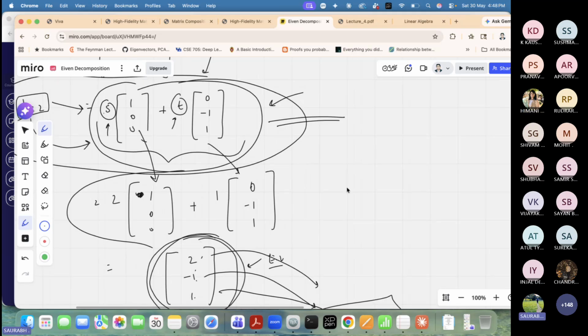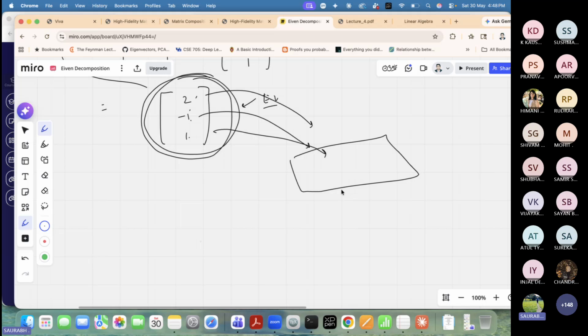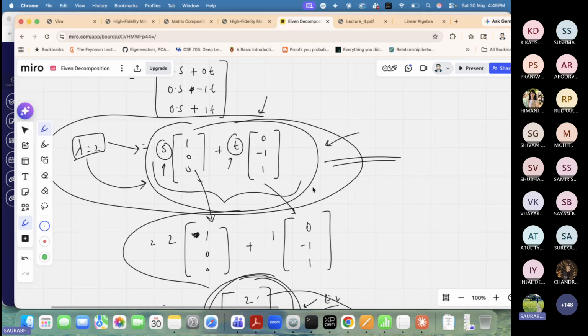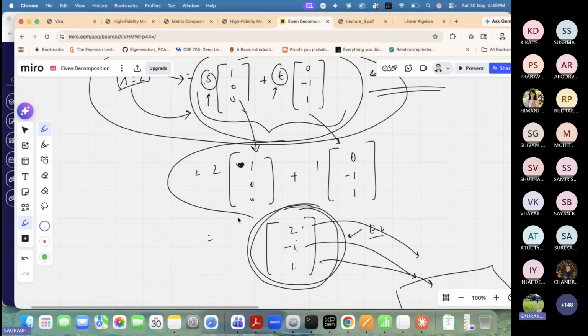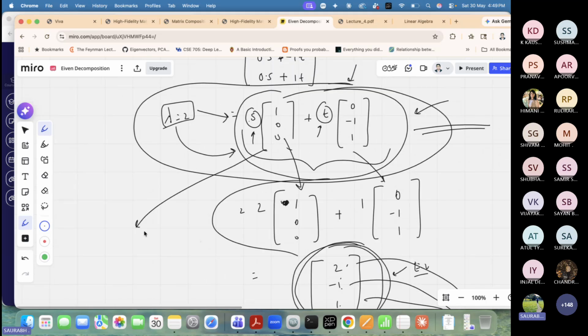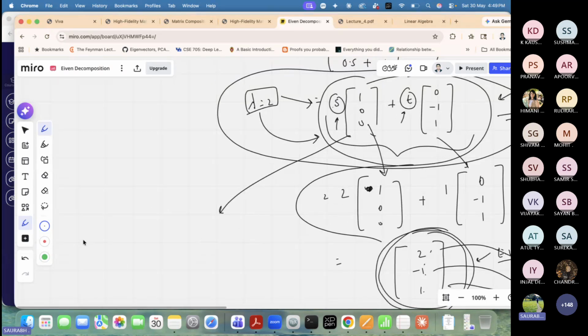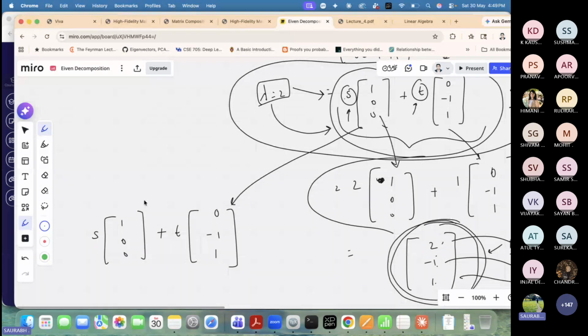Okay. Now, the third question was to find the basis of the eigenspace. Think of these two vectors. Let me come back to you, Nilima. So you have s times 1 0 0 plus t times 0 minus 1 1. Any eigenvector is of this form, right?